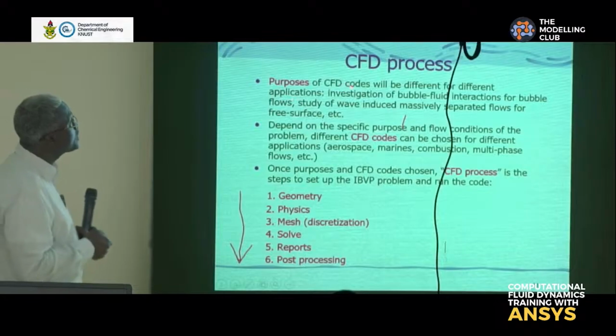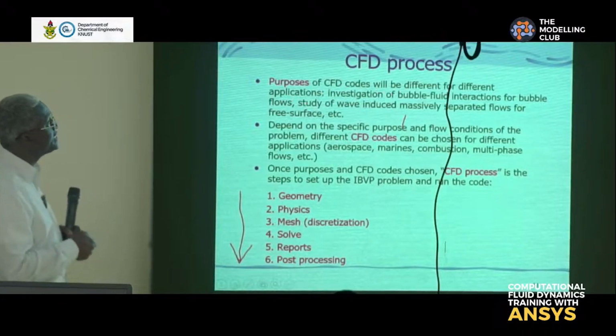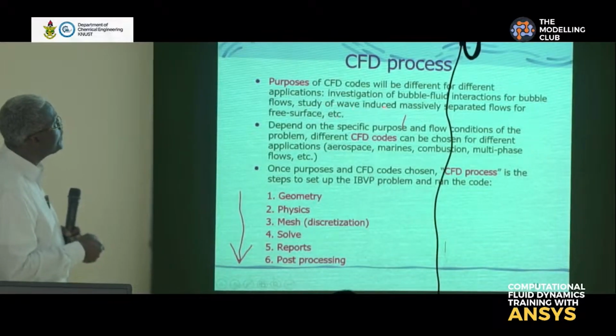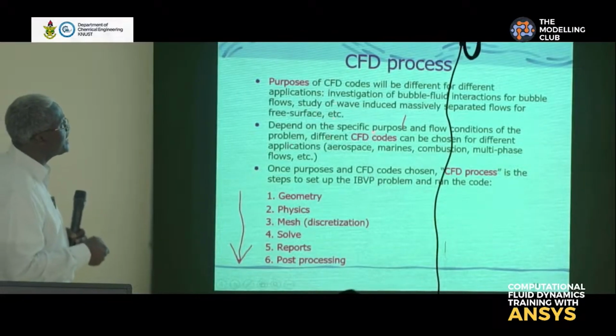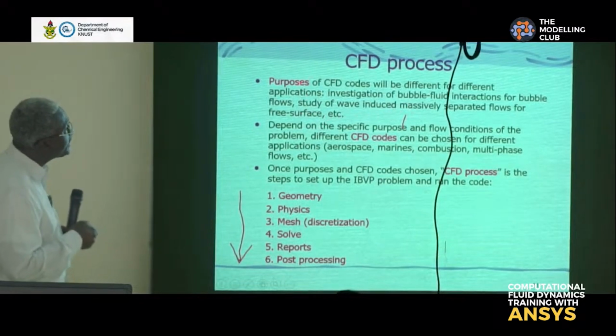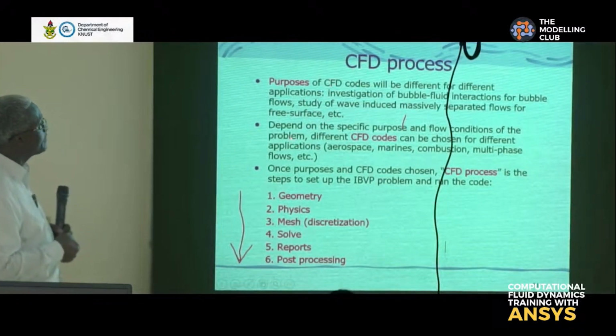Okay, so the purposes of CFD codes will be different for different applications, all right? Investigation of bubble fluid interactions for bubble flows, study of wave-induced massively separated flows, free surface flows, etc. So depending on the problem, okay, the application of the CFD code is different, okay?